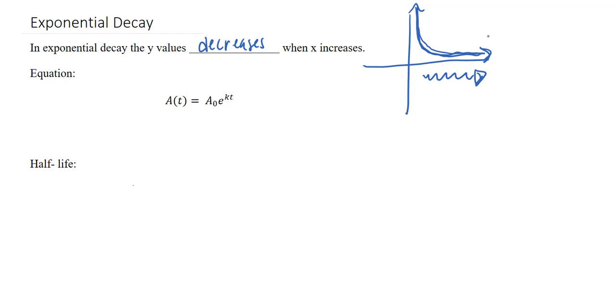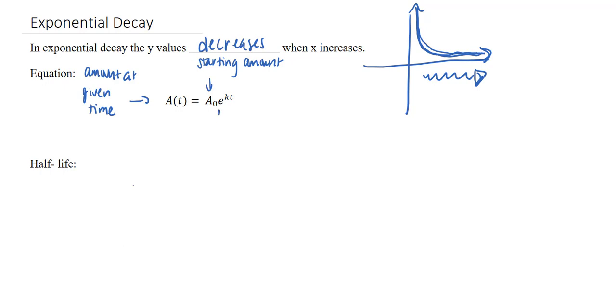So now let's look at the equation. So it's just like our last one. We have our starting amount. We have the amount at a given time, like time t.